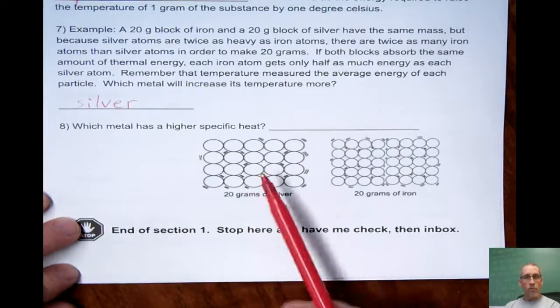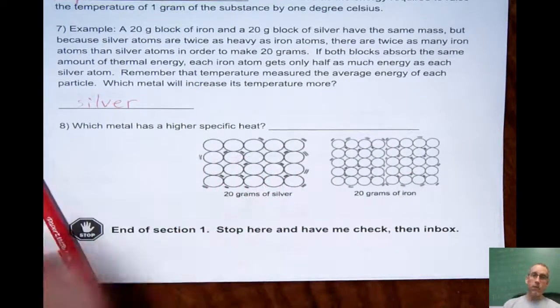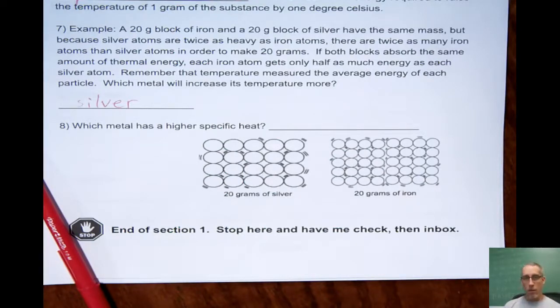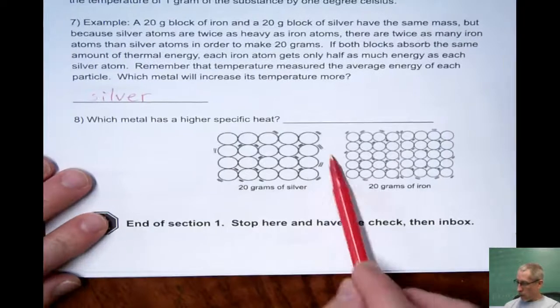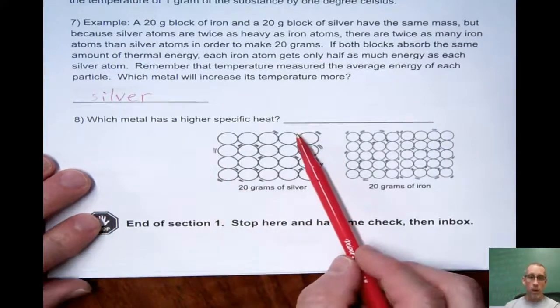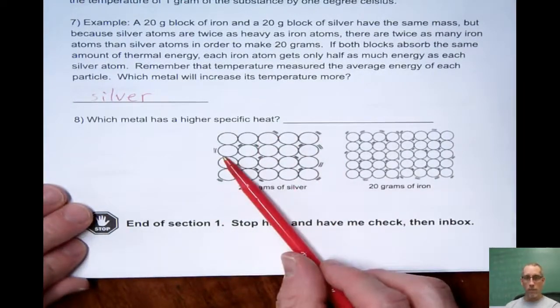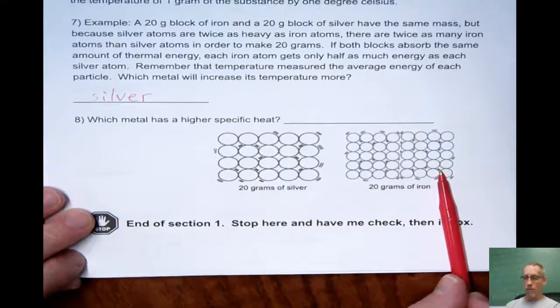Okay? Fewer particles. It's kind of like if you had a dozen pizzas, and you had to split it among fewer people. Then each person is going to get more pieces of pizza. Here it is this way with thermal energy. Each of the silver atoms gets a greater share of the thermal energy than the iron atoms would.